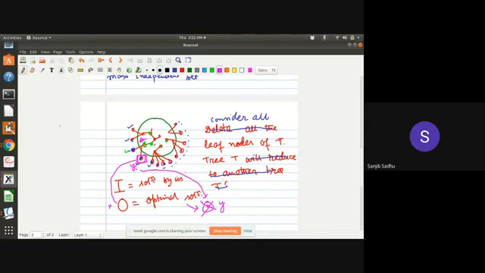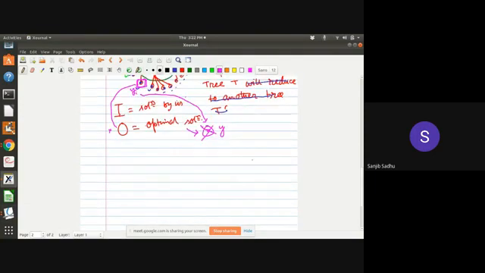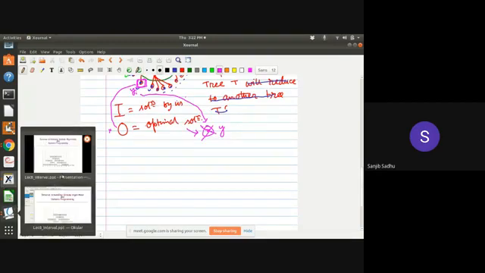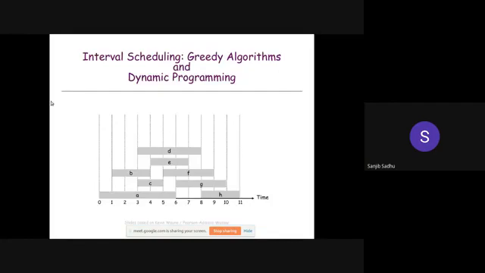So now today we will look at a new, more interesting problem: the interval scheduling problem. What do you mean by interval scheduling problem? Suppose I have a set of jobs.